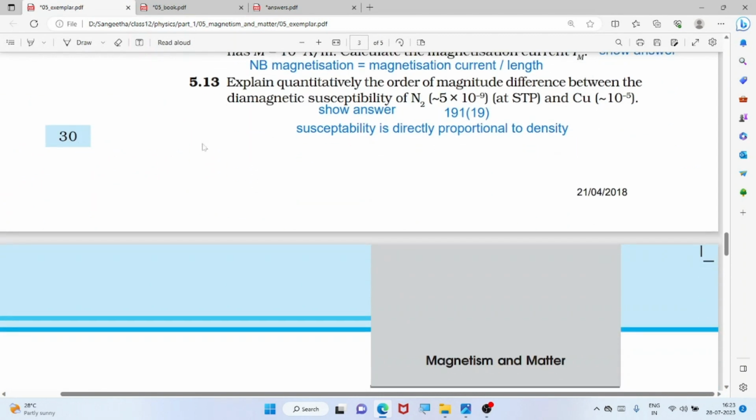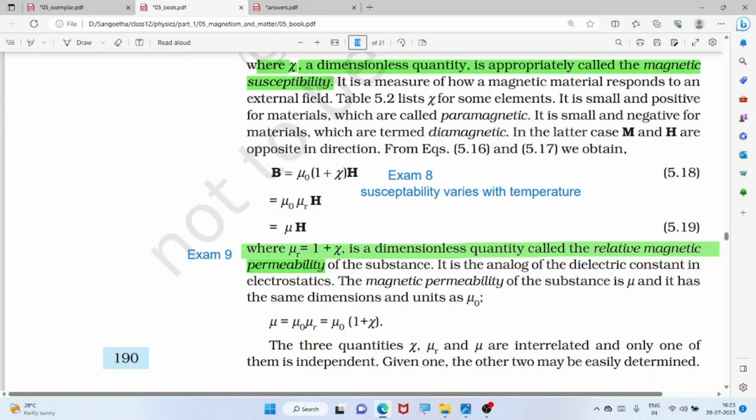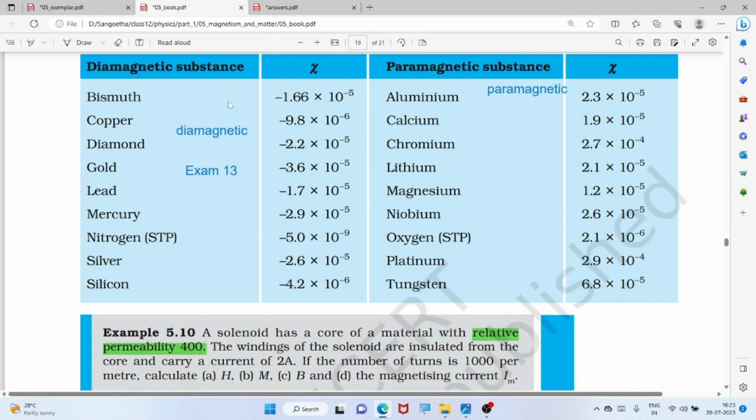Explain quantitatively the order of magnitude of difference between the diamagnetic susceptibility of nitrogen and copper. Diamagnetic copper is this one, and nitrogen is this one. It depends on the density.